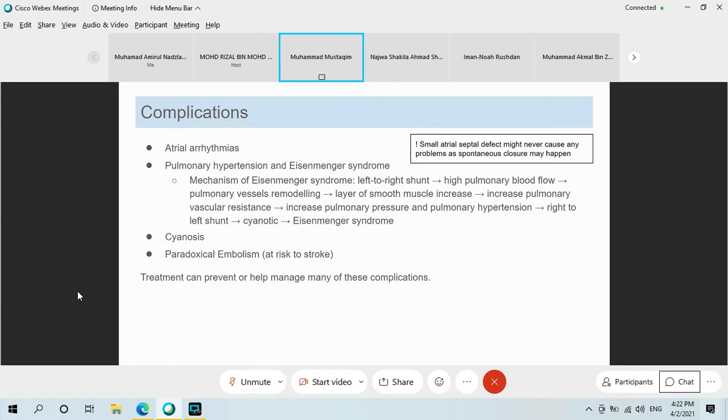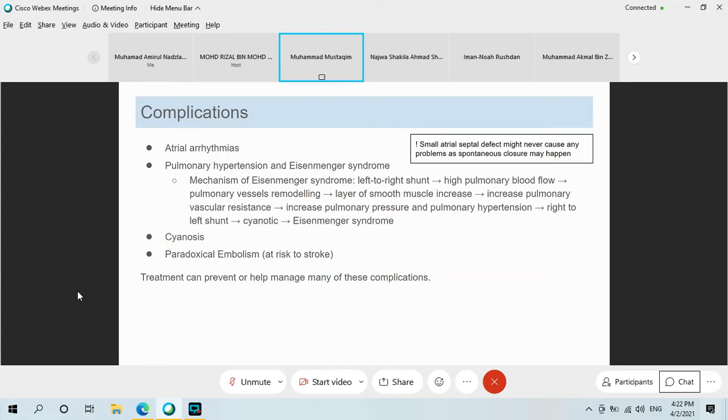Because of that right to left shunt, the usual presentation is breathlessness, but because of that paradoxical shunt, it will cause cyanosis, which refers to right to left shunt presentation. And then paradoxical embolism. Embolism, as you know, usually comes from the vein, right?